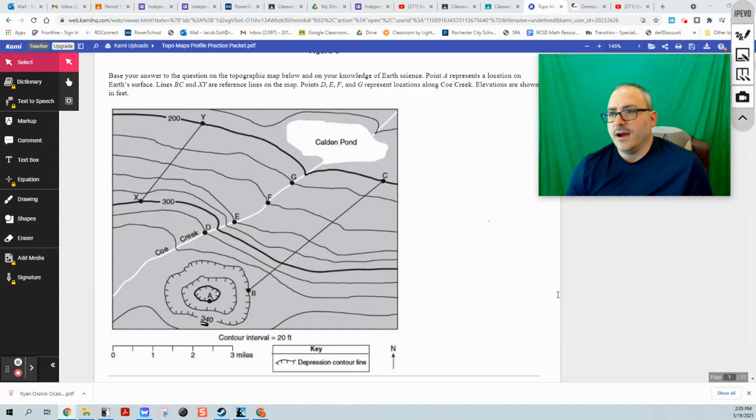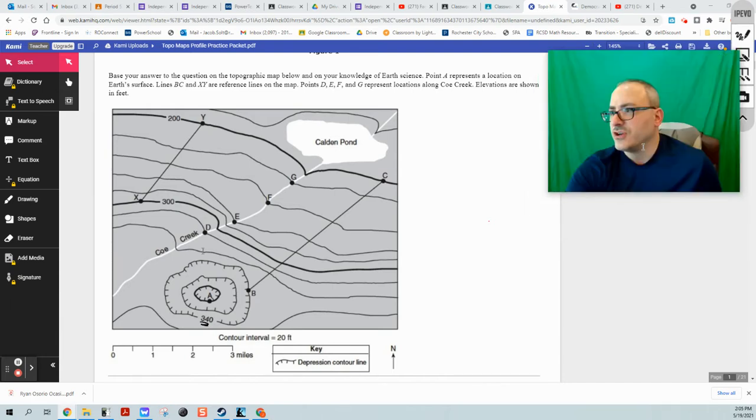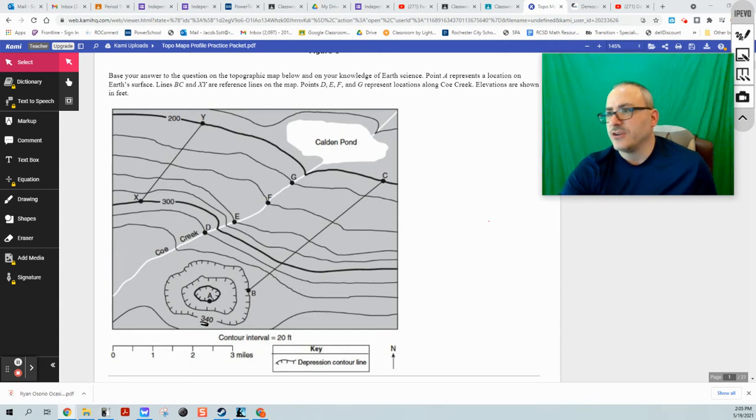There's X and Y, and there is B and C. Points D, E, F, and G represent locations along Coe Creek. Elevations are shown in feet. Okay, so we know that our contour lines are shown, and that elevations are shown in feet. So if I see a 300 on this line, that tells me this line is at an elevation of 300 feet. I see a 200 here. That means I have an elevation of 200.